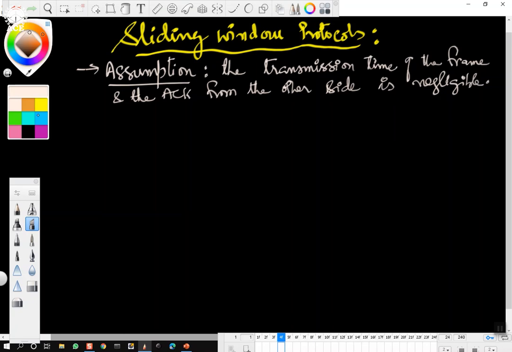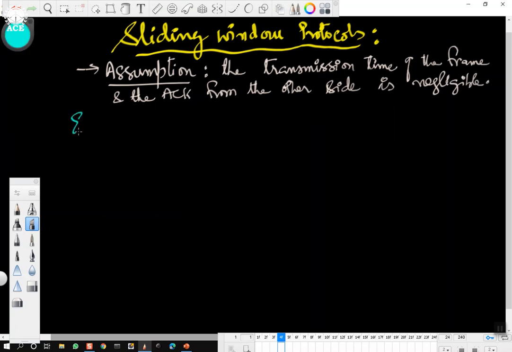To give an example, consider this very interesting scenario. In practice, the transmission time will not be negligible. To understand that, consider this example.